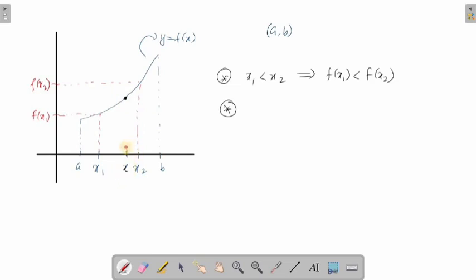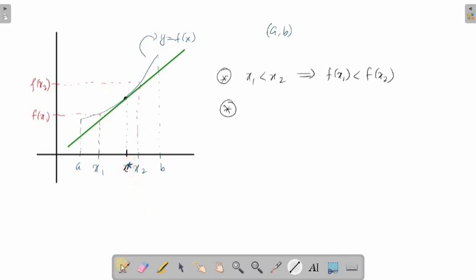At this point x, what I'm going to do is draw a tangent. Let me draw a rough diagram for the tangent. Your diagram for the tangent looks somewhat like this. Now the slope of the tangent at this point, since you have got x here, let me call this x star.